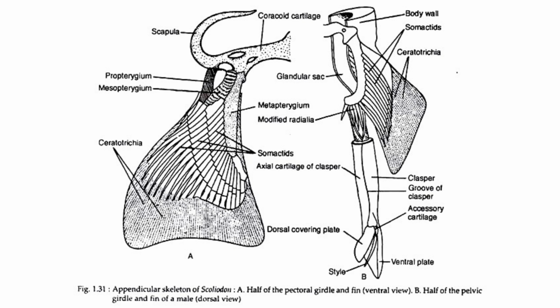The middle part of fin is supported by three rows of cartilages called somatidia. The distal part of fin is supported by a series of horny, unjoined rays called ceratotrichia.